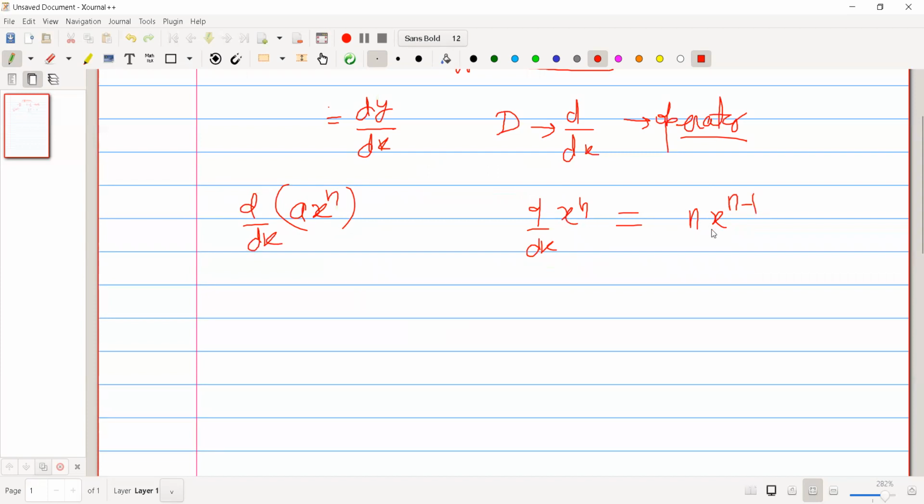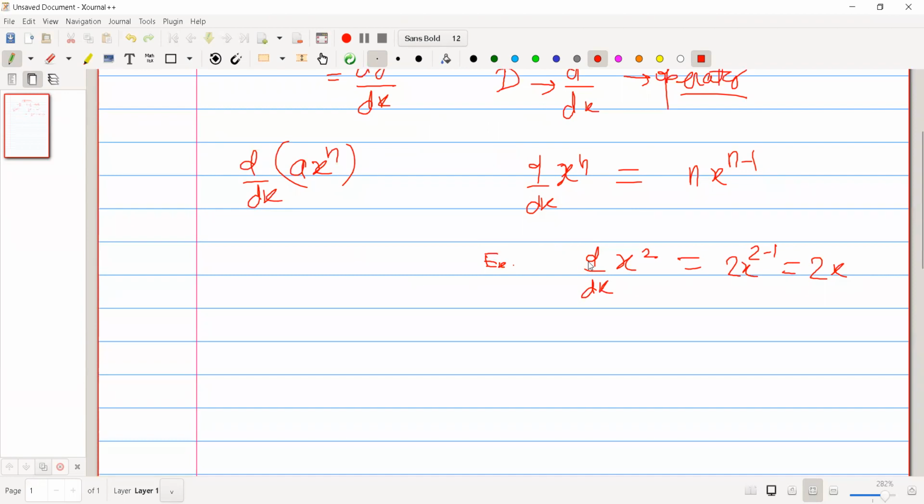Right. For understanding this, let us take one example, x square, dy by dx. Based on that, you get 2x to the power 2 minus 1, so you will get 2x. We can find it this way.